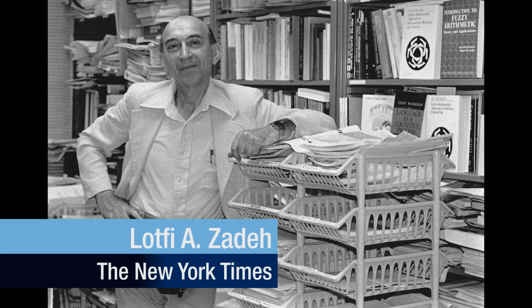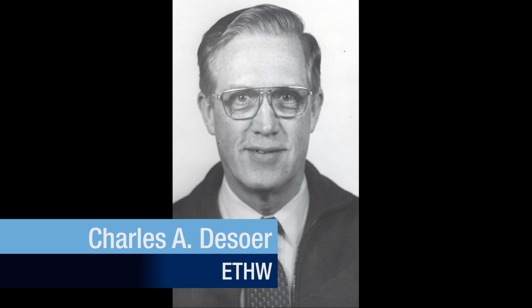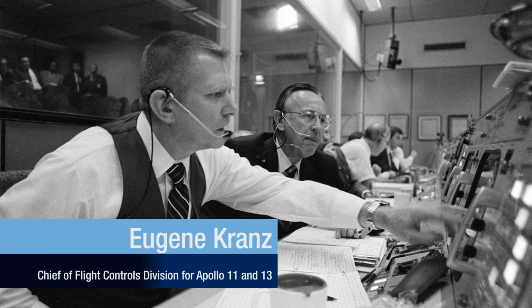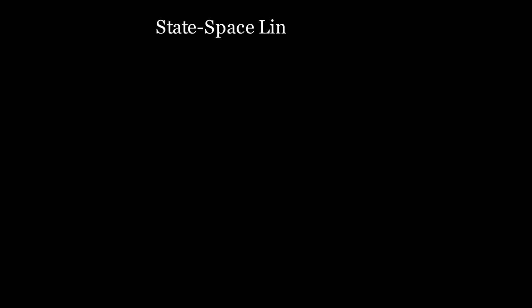A few years later, in 1963, UC Berkeley professor Lotfi Zadeh and Charles Dessauer published the first textbook on the subject. This breakthrough taught a huge incoming wave of engineers to stay in the time domain, and modern control theory was born.